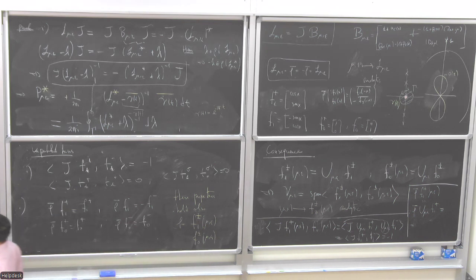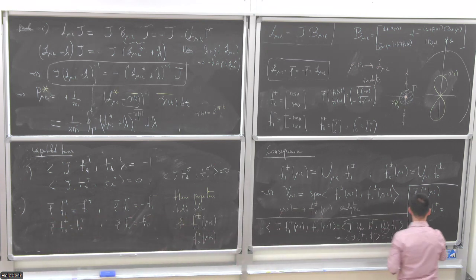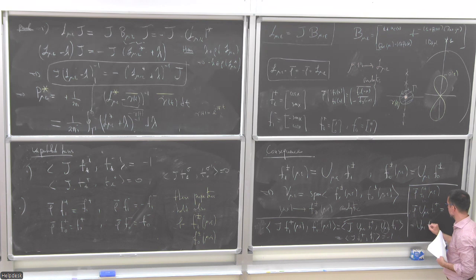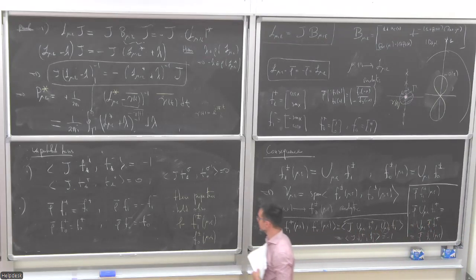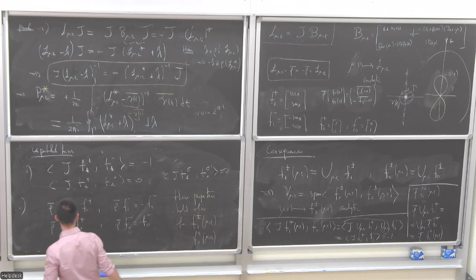U is reversibility preserving, which means that it commutes with rho bar. And so this is U mu epsilon rho bar F1 plus. They commute, and so I have rho bar U mu epsilon applied to F1 plus, but this is exactly the definition of F1 plus mu epsilon.